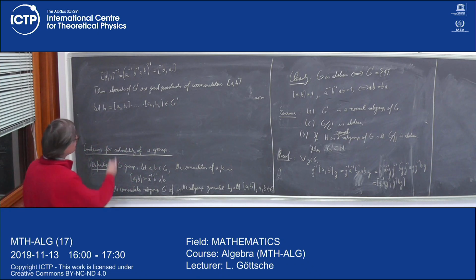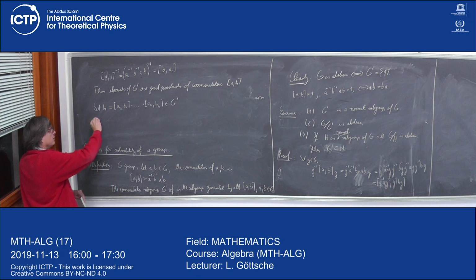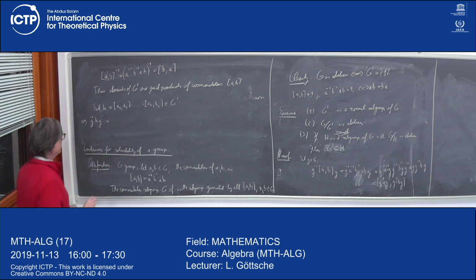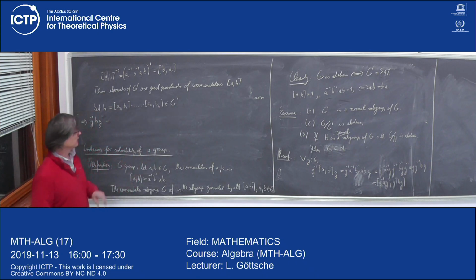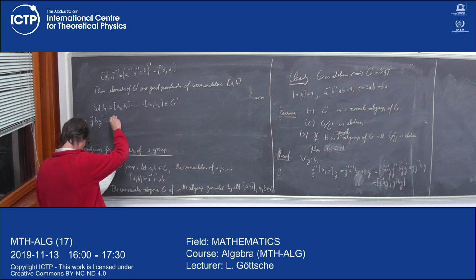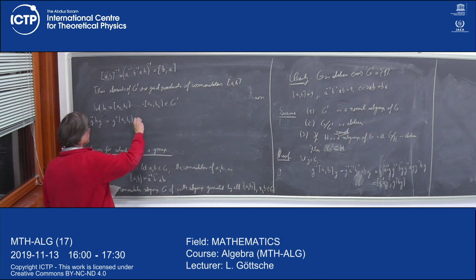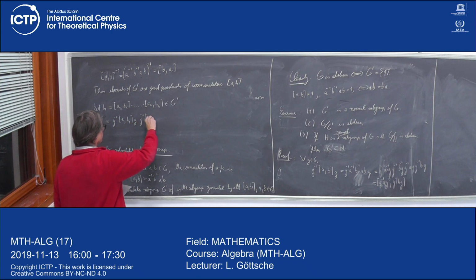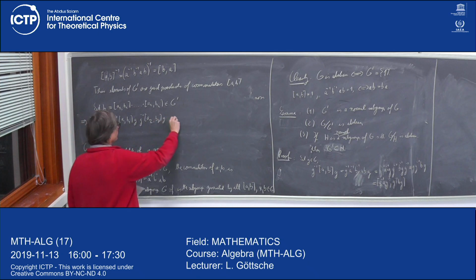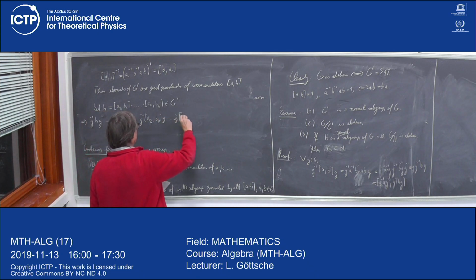So what is it if we take the conjugation of this by g? We can put g and g^-1 in between all of them. So this is the same as g^-1 a1 b1 g, g^-1 a2 b2 g, and so on until g^-1 an bn g.